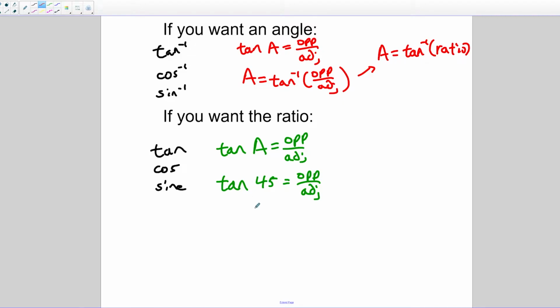So I know that tan of 45 is equal to 1. So whatever the opposite over adjacent is going to give me my ratio. So essentially, if we want to come up with a pretty general formula, if we take the tangent of some angle, it gives us the corresponding ratio that's attached to that angle.